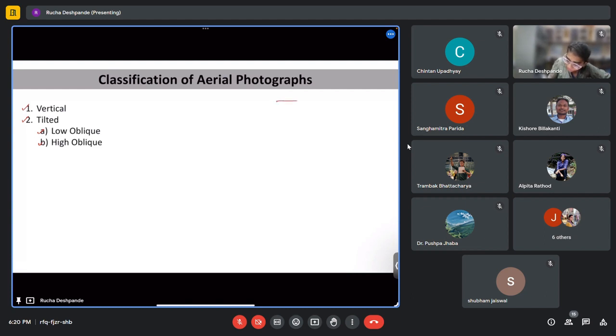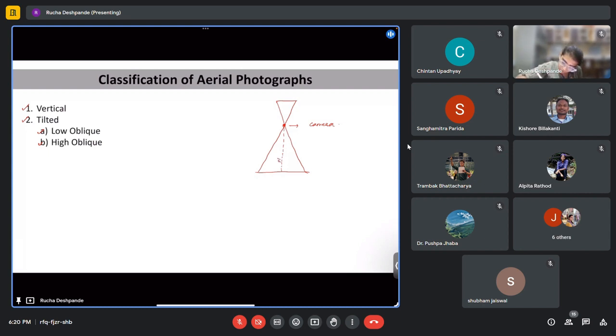So this is the camera over here. In a vertical aerial photograph, the camera is pointed as straight down as possible. The optic axis of the camera is parallel to the plumb line.